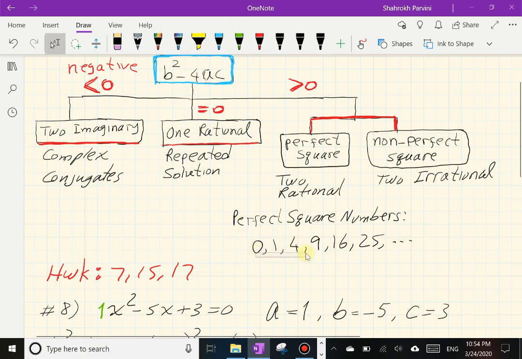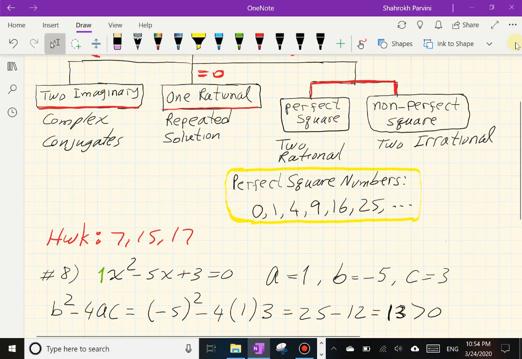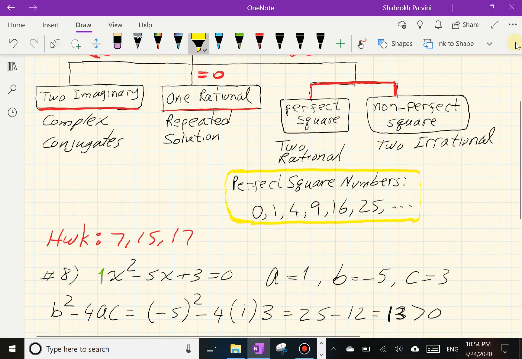So 13 is not one of these, not one on this list. Therefore, we expect to have 2 irrational solutions. See, if it's a non-perfect square, we have 2 irrational solutions.